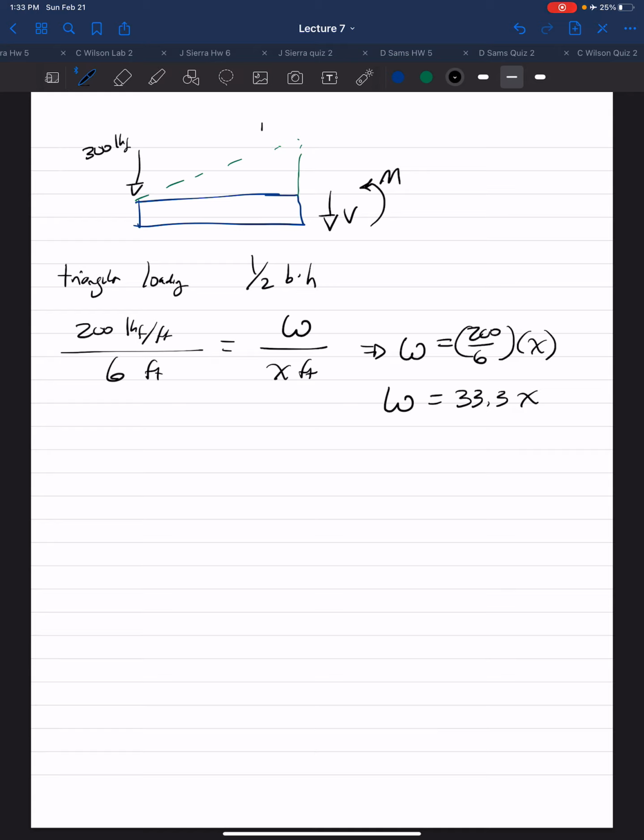So where it is applied, if this distance now as a function of x is x, the resultant force of that loading would be half the base, so half of x, times the height, which is 33.3x.